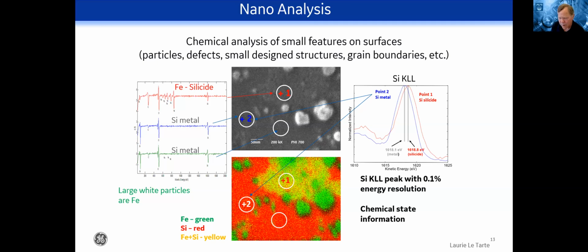So that's all confirmation that there are chemical differences. This is a nice example because we show it through the spectra, the chemical state information, as well as the imaging.